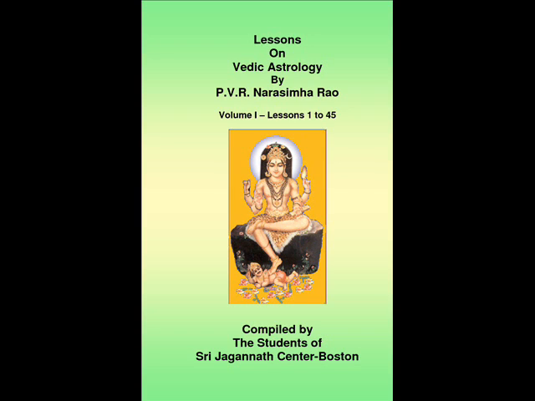D4 is fortune, basically properties: the house you live in, the houses you own, the real estate you own, all these properties are seen in D4. You don't have all the 12 charts, 1 to 12, but there are some charts like D1, D2, D3, D4. There's no D5 chart, for example. There's no D6 chart, at least in Parasara's text.